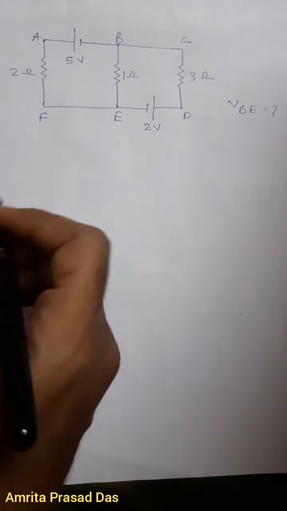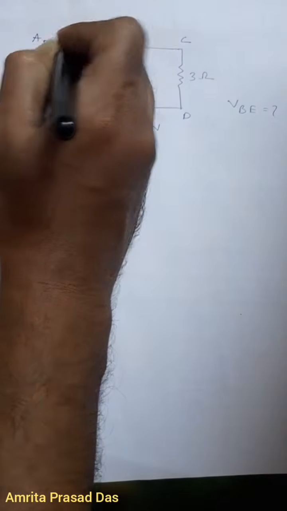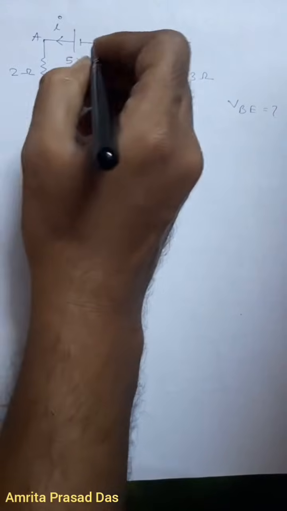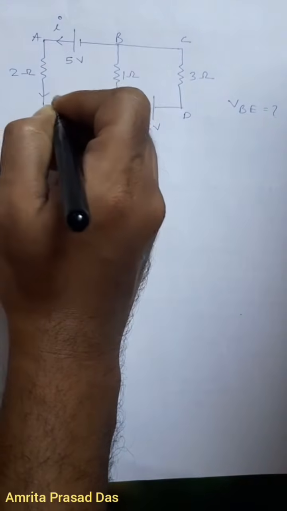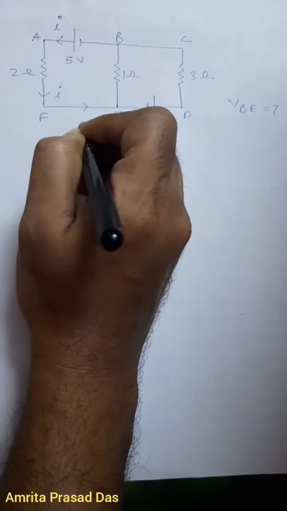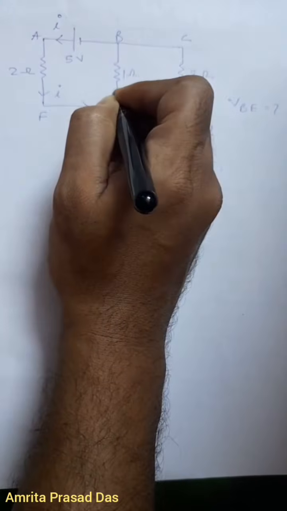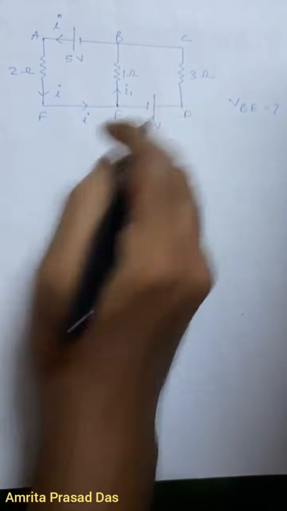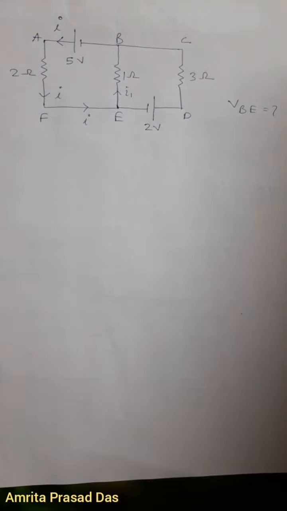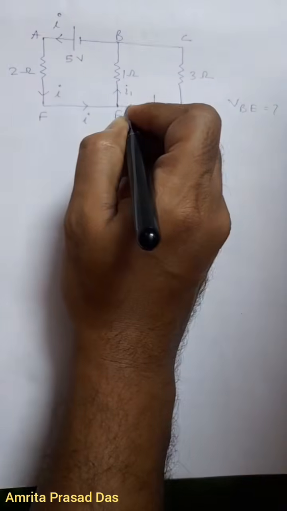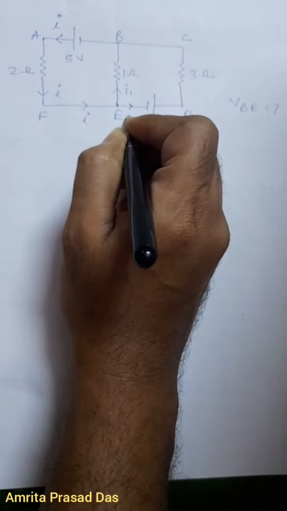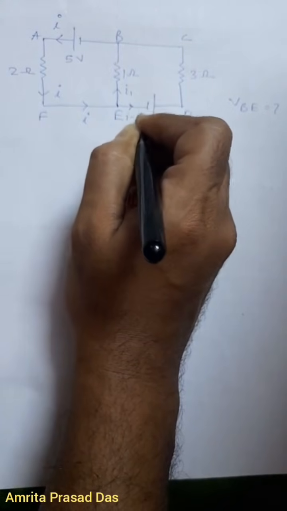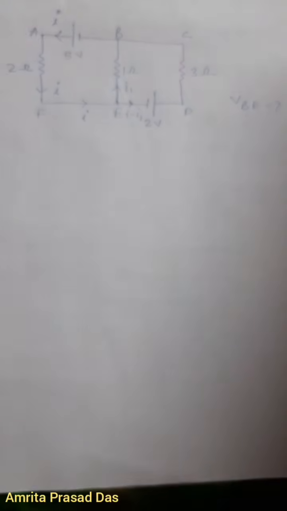First you divide the current logically. Suppose this is current I. At point E, I is divided, and I1 is going in this direction from E to B. Therefore this current must be I minus I1 according to KCL.